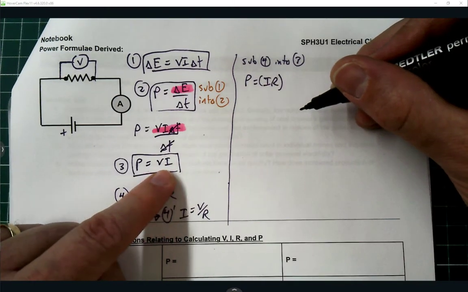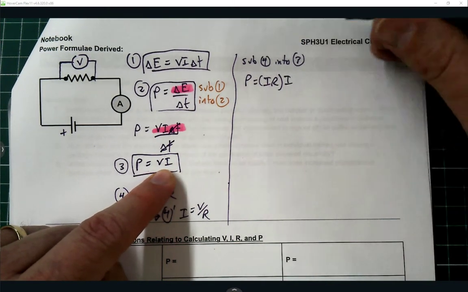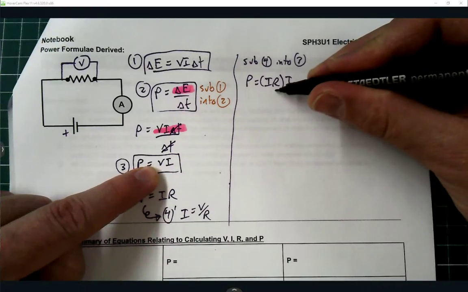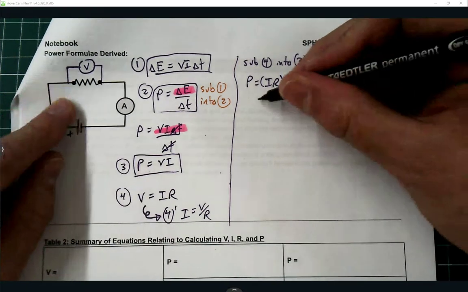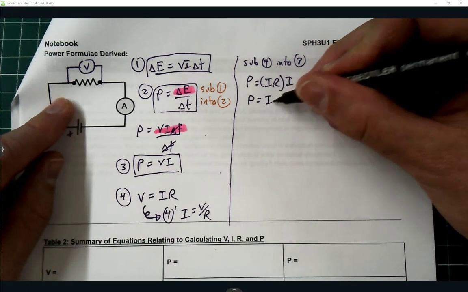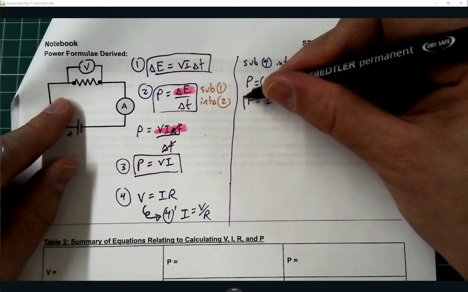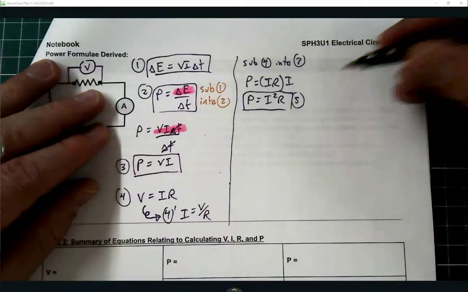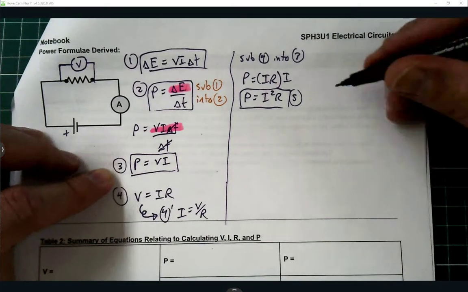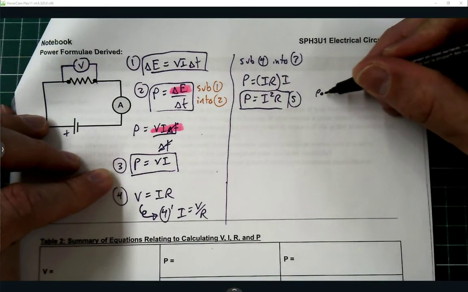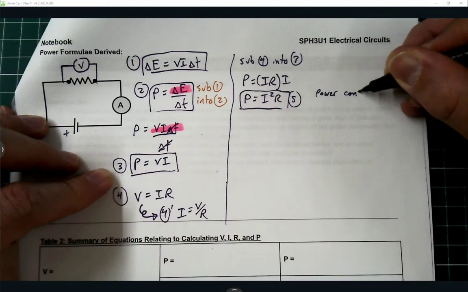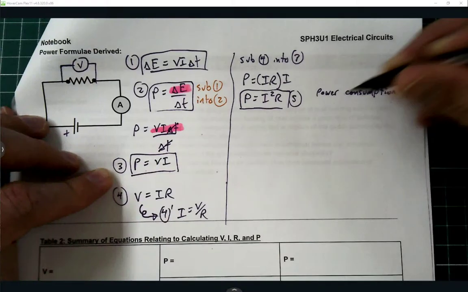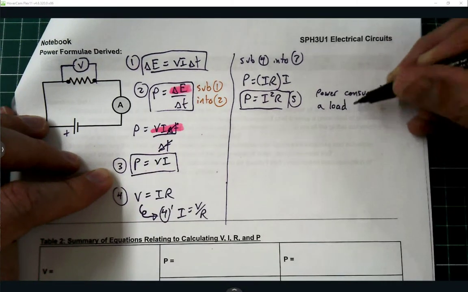And instead of I, I'm just going to write I. Now if I have IR times I, remember V is equal to IR, then the best way to simplify this is to just call it I squared R. I'm going to call this equation 5, but I might want to know this alternate equation for power, because this is power consumption by a load given current and resistance.